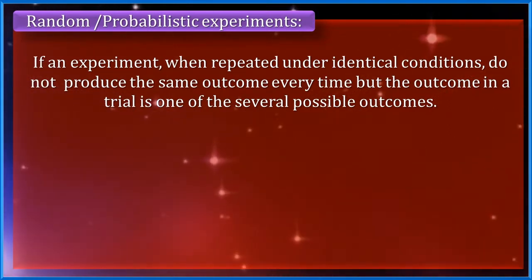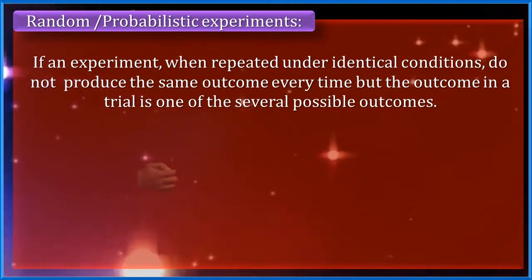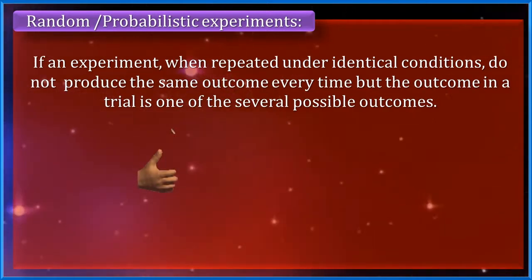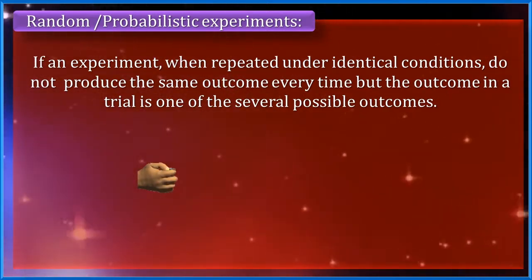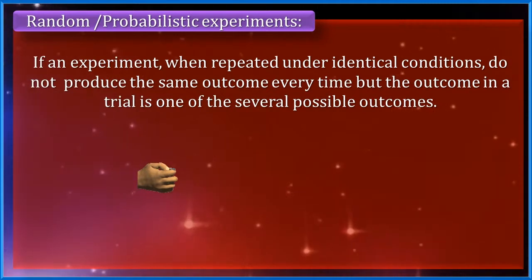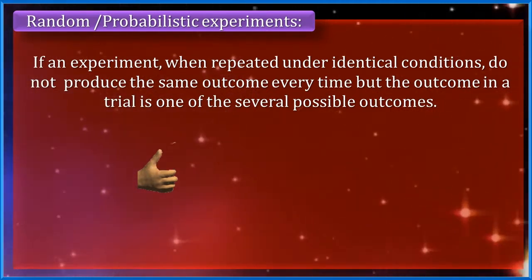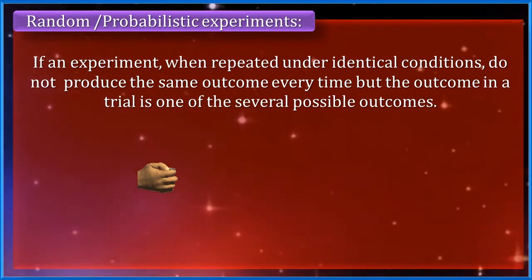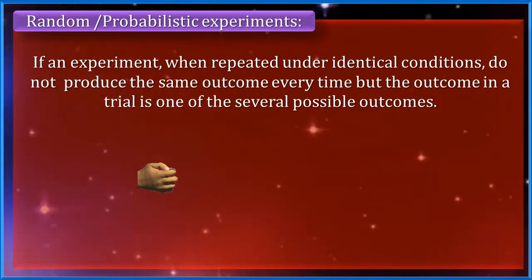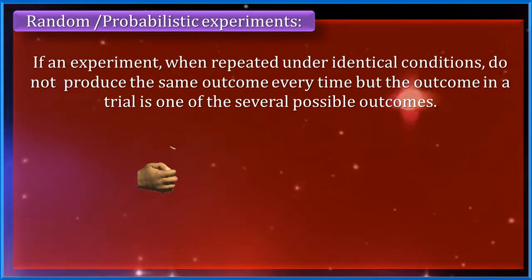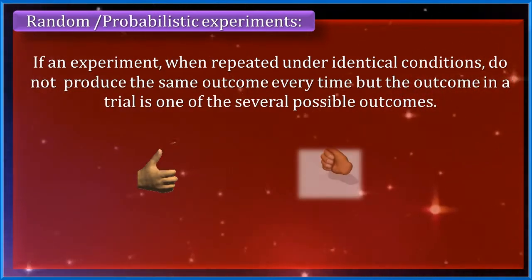For example, in the tossing of a coin, one is not sure if a head H or tail T will be obtained, so it is a random experiment. Similarly, rolling an unbiased die is an example of a random experiment.